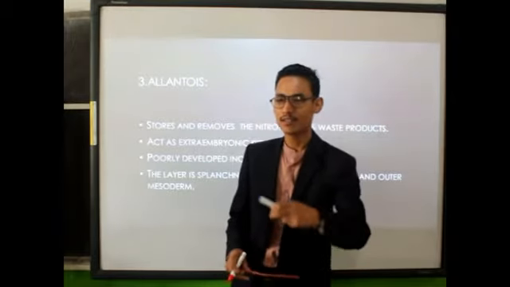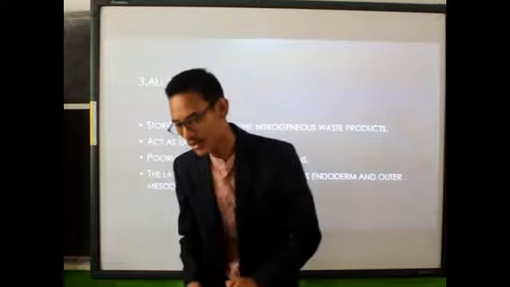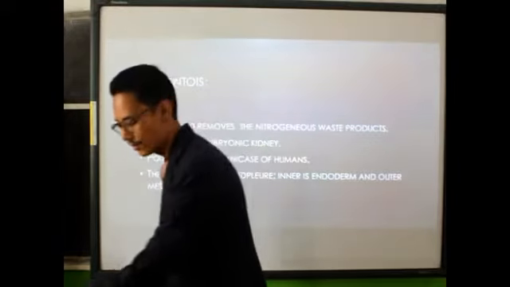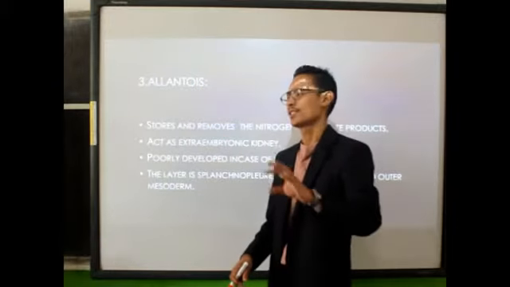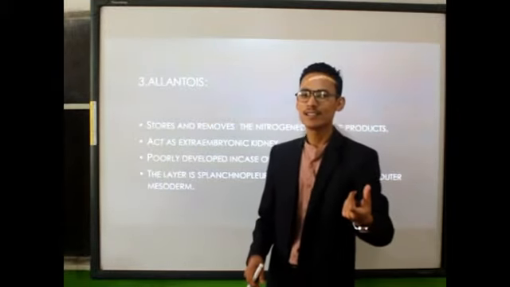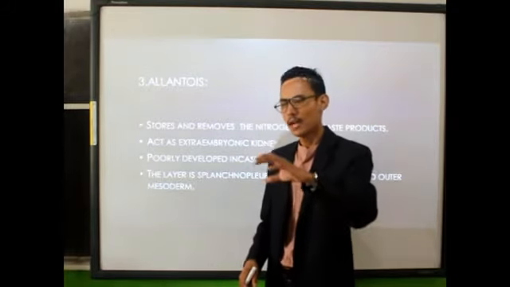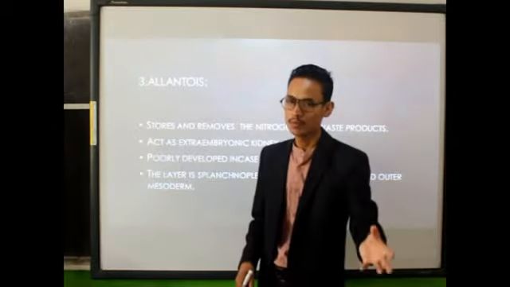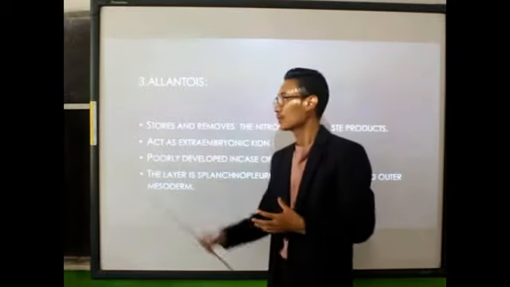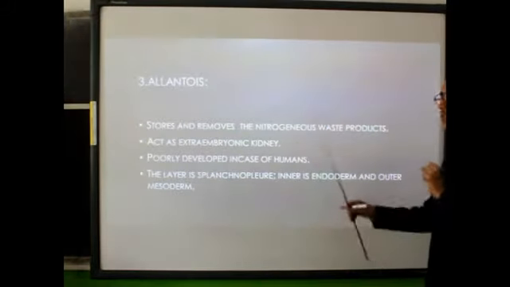Now since the placenta will simply help in the removal of waste products from the developing fetus, this allantois is also poorly developed, because the placenta mainly acts as the organ for excretion also. So whatever waste products are generated by the fetus will be removed with the help of the placenta. So this allantois is also poorly developed in human beings.